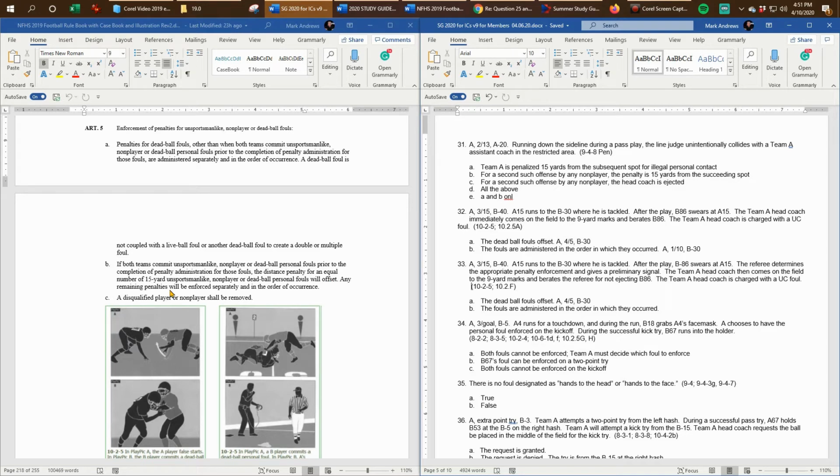Okay. Any remaining penalties will be enforced separately and in the order of occurrence. That's a lot, and this doesn't happen very often, but in this case, the penalty is offset.